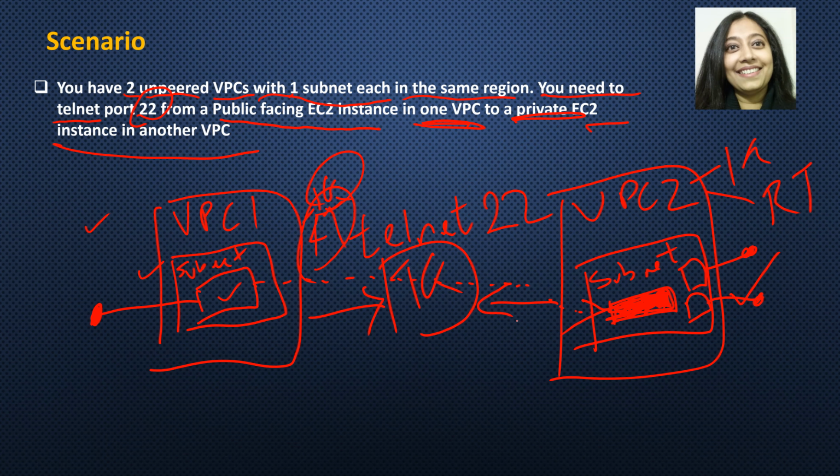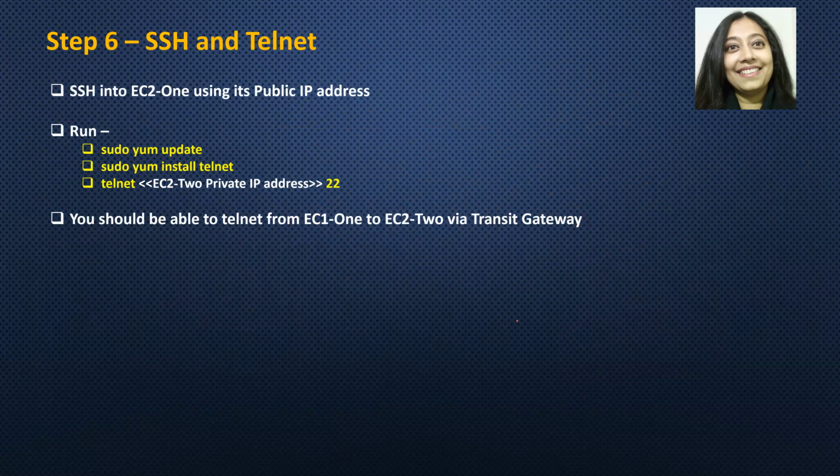So now, if everything is truly in place, then you should be able to communicate between the two EC2 instances using the second EC2 instance's private IP address.